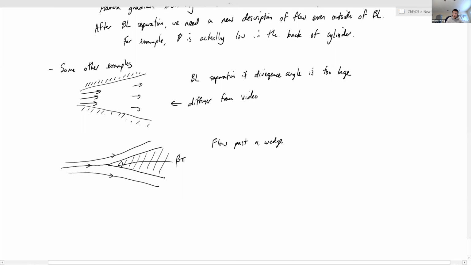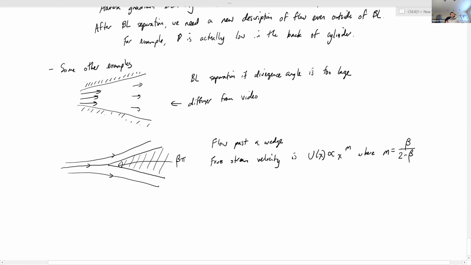Okay. And the free stream velocity, or the inviscid solution, is proportional to x to the power of m, where m can be related to beta, according to this.